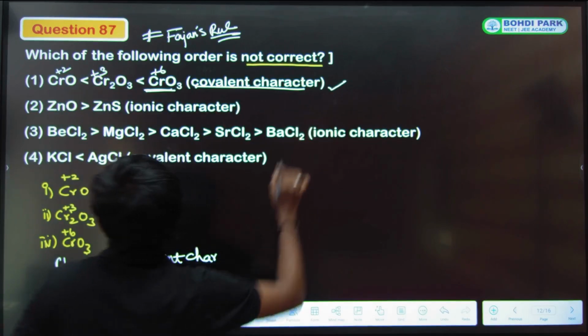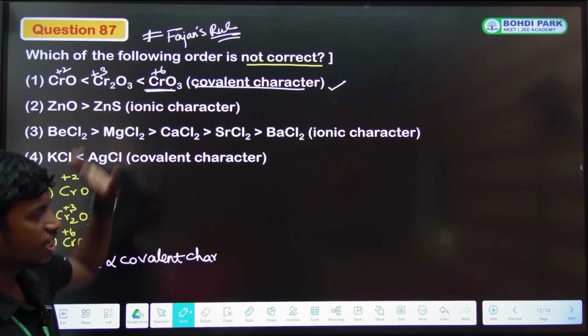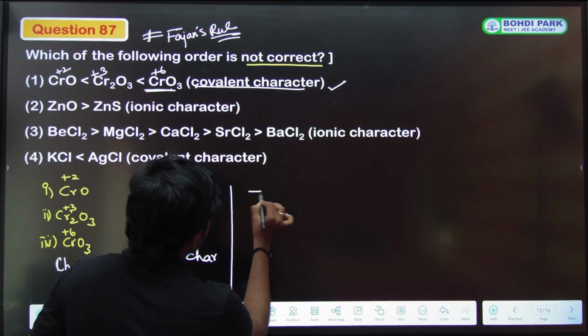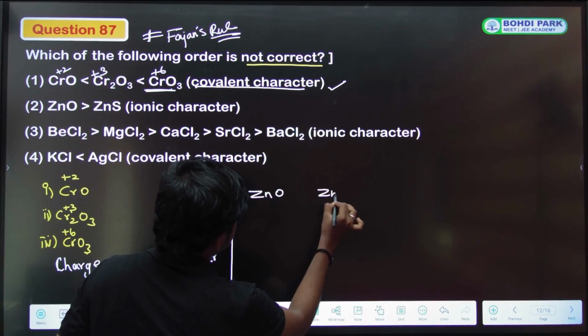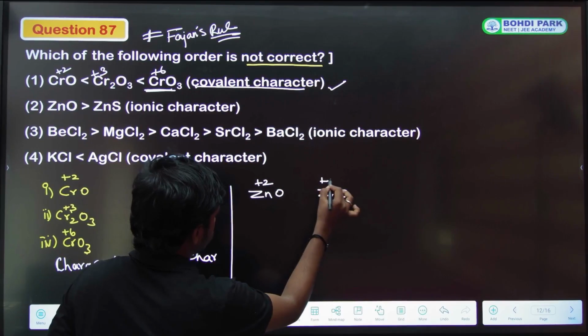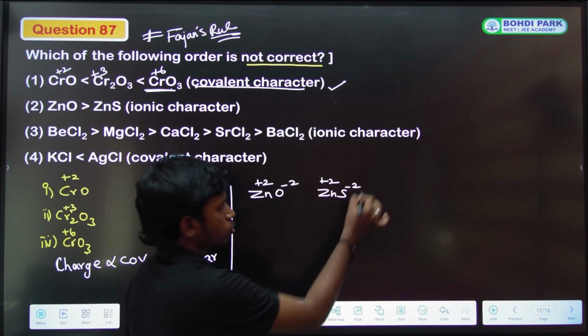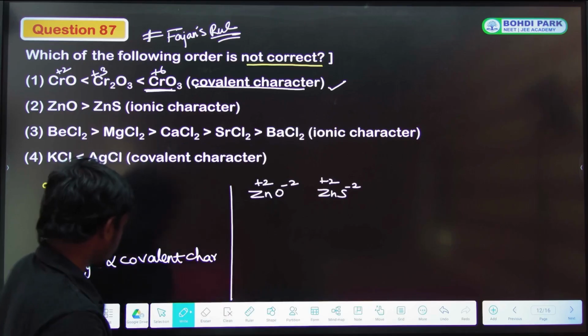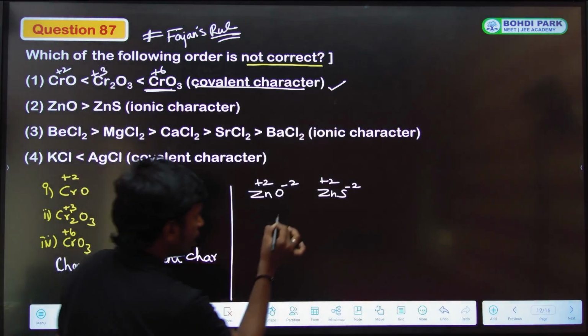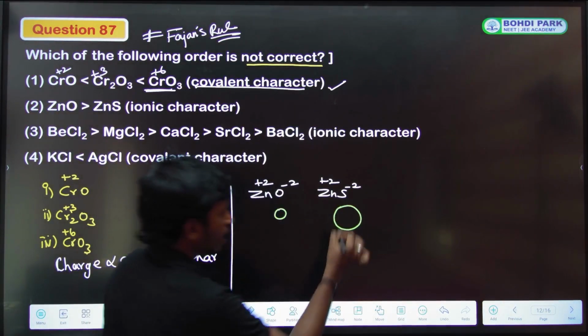This is correct. Next, zinc oxide and zinc sulfide. The charges are the same: zinc is +2 in both, oxygen is -2, sulfur is -2. But we are looking at size here. Oxygen is a smaller atom, but sulfur is a bigger atom.